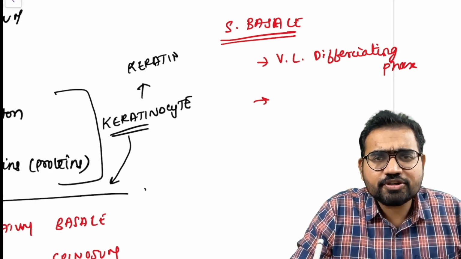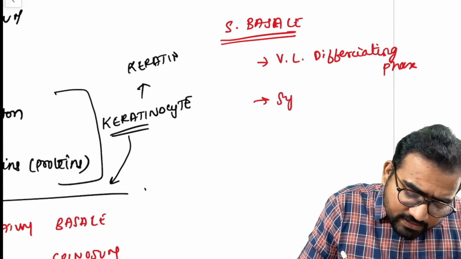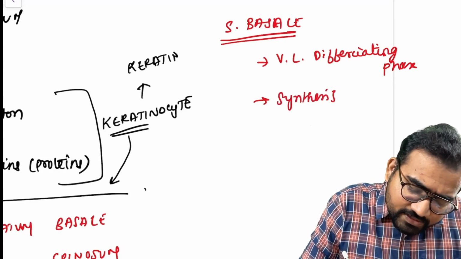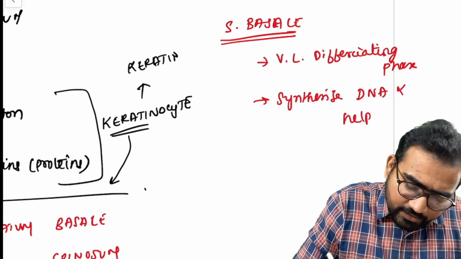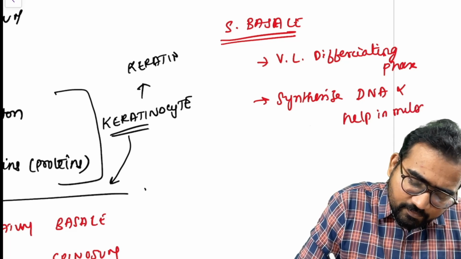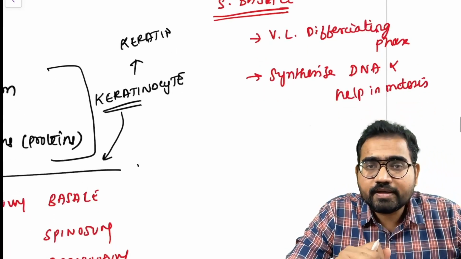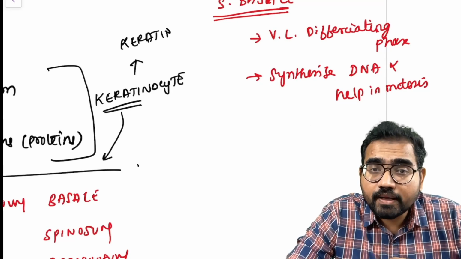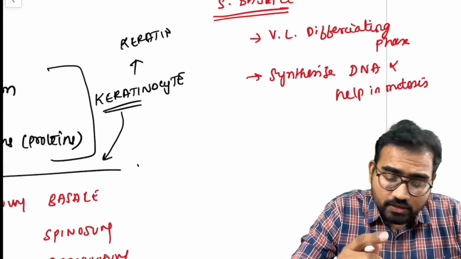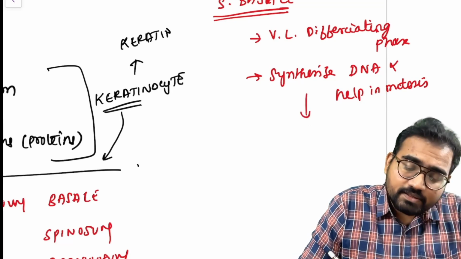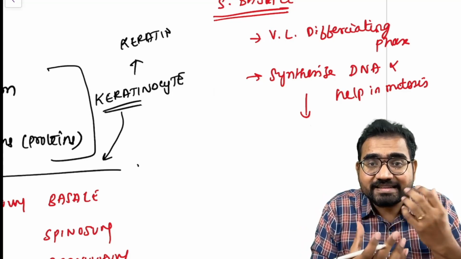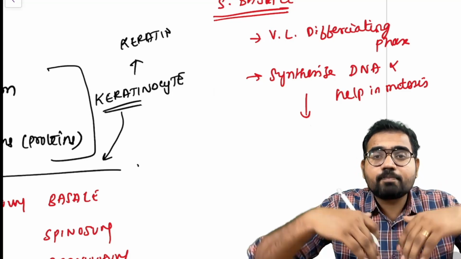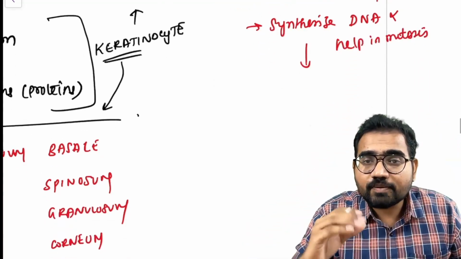Then what is the function of stratum basale? It will synthesize DNA and help in mitosis. By this the cells will start to proliferate, start to increase their number, and move upward. What is the upward layer?